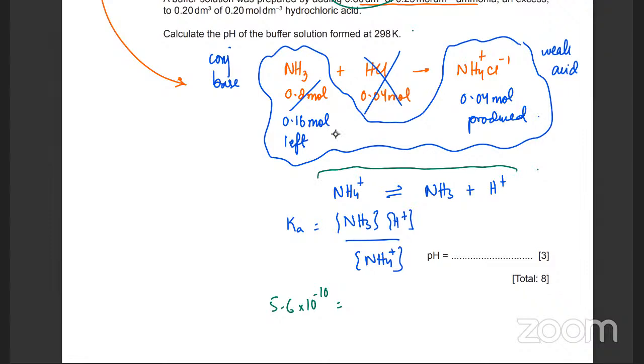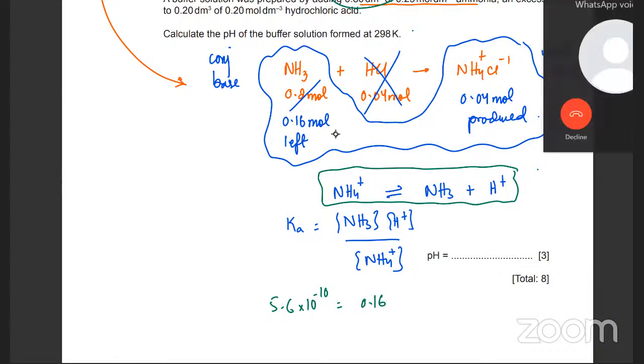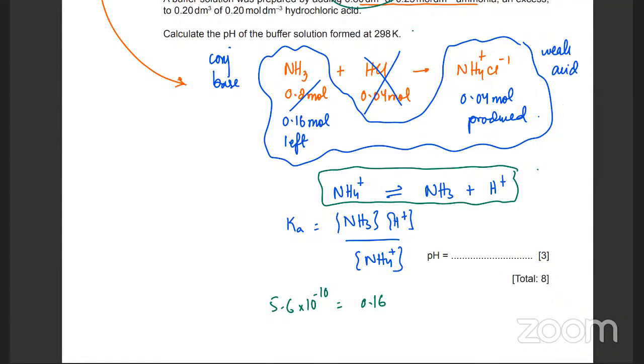Remember, this is the equilibrium that would be established between the ions and the molecules that are formed after the first reaction. So we have the NH3 concentration, which is 0.16, multiplied by H+1 concentration and divided by the NH4 plus 1 concentration, which is 0.04. Is that clear?